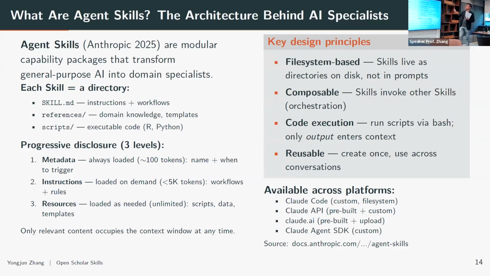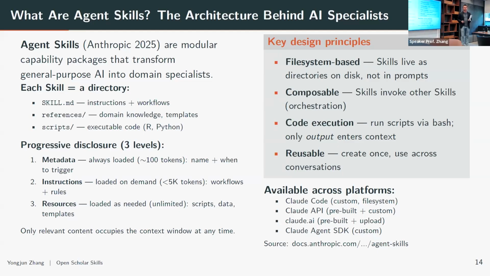Each skill is a directory, a folder, containing skill.md, basically instructions plus your workflow. I know we have a lot of specialists here: quantitative social scientists, ethnographers, or computer scientists. And you have your own skills.